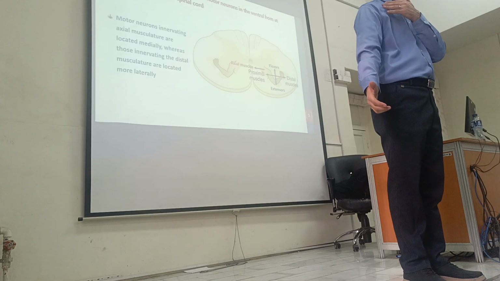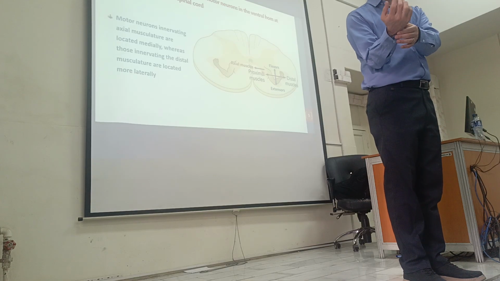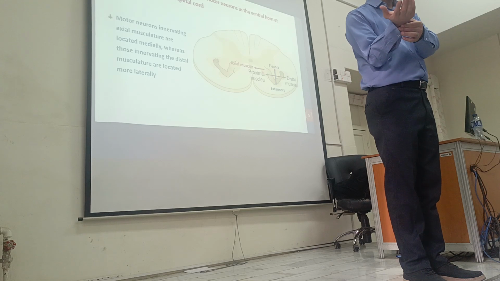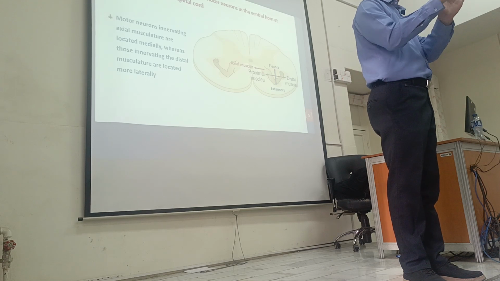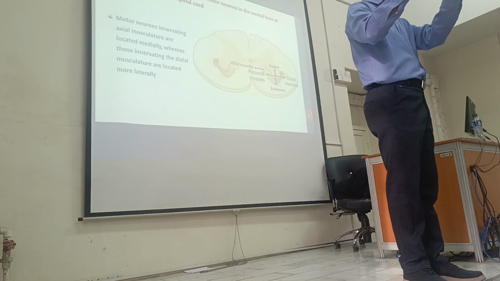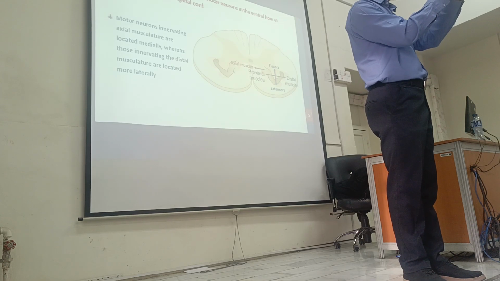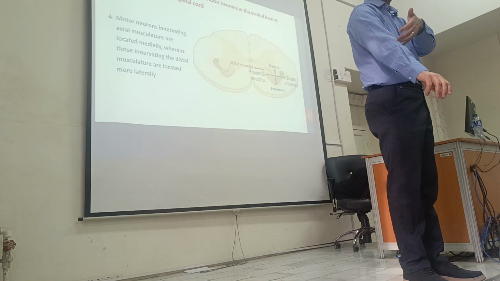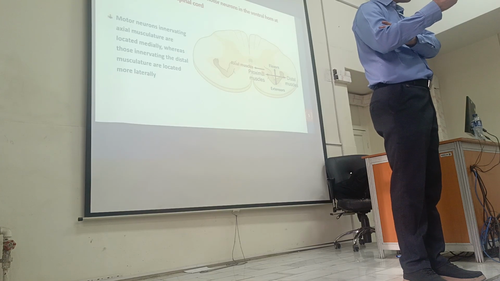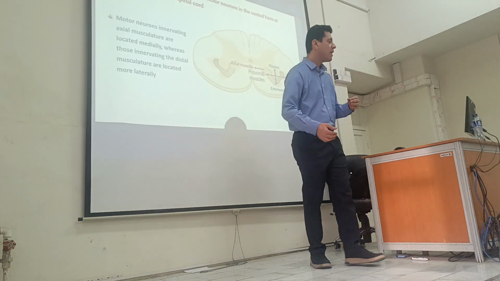But muscles that actually cause movement of the fingers and wrists are innervated by alpha motor neurons located laterally. So between these two, lateral and medial, we have intermediate alpha motor neurons that innervate proximal parts, like shoulder and elbow, right? So this is the arrangement.